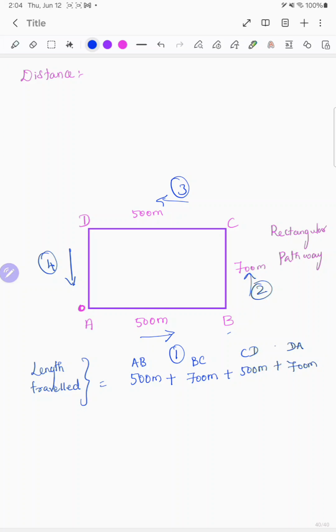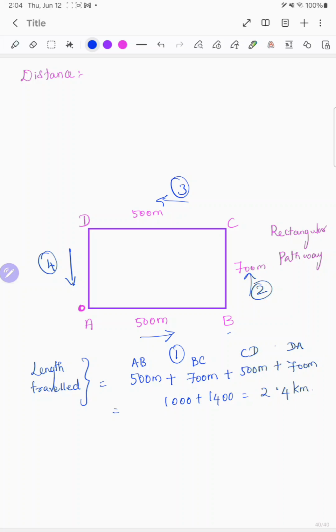Okay, so how much have you traveled? 1000 plus 1400, right? So totally you have traveled 2.4 kilometers or 2400 meters.